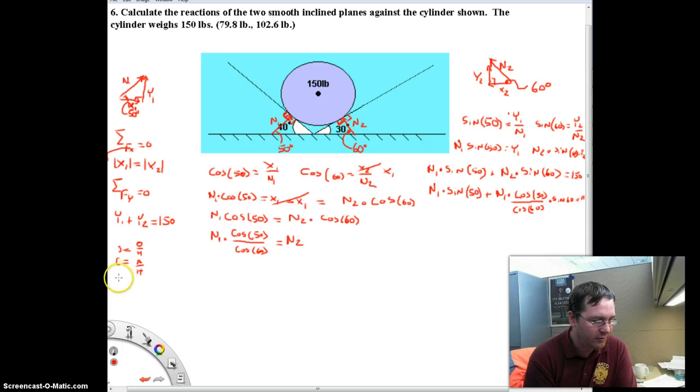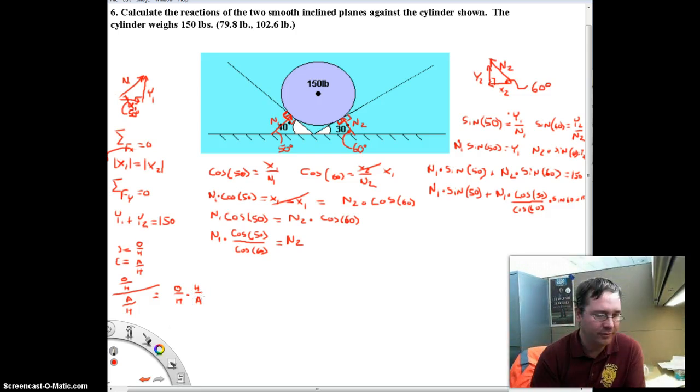So what I'm trying to do here is take the opposite over the hypotenuse over the adjacent over the hypotenuse. But that is equivalent to opposite over hypotenuse times hypotenuse over adjacent. In other words, dividing by something is equivalent to multiplying by its reciprocal.